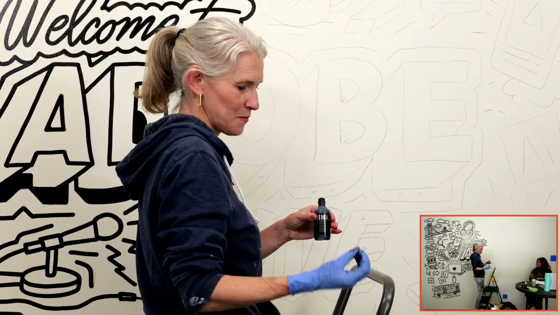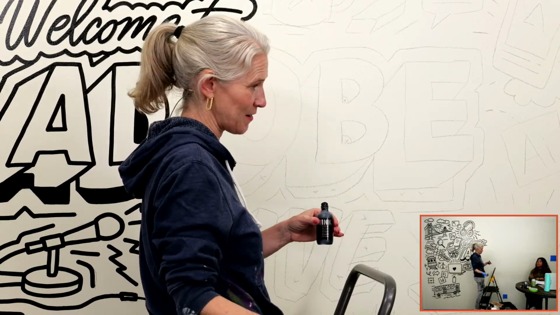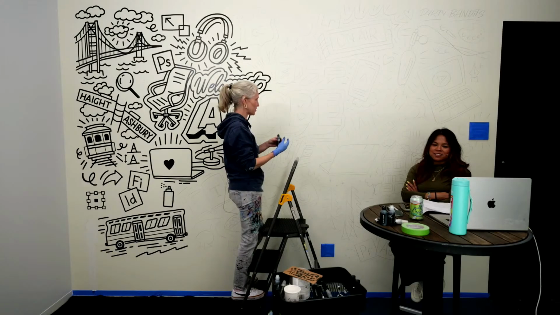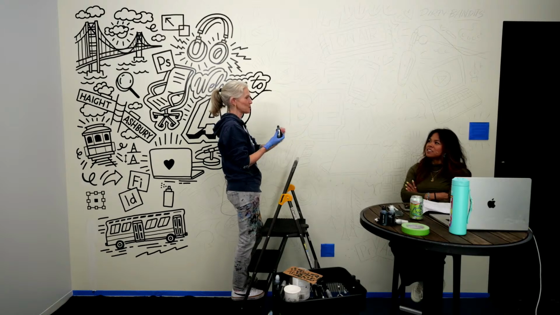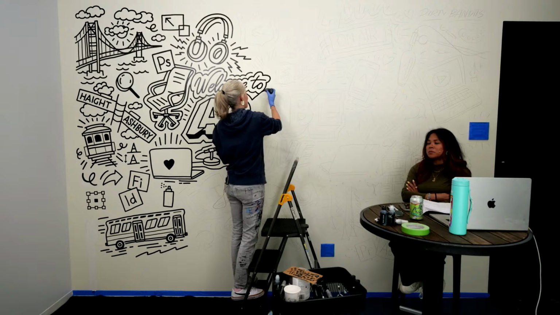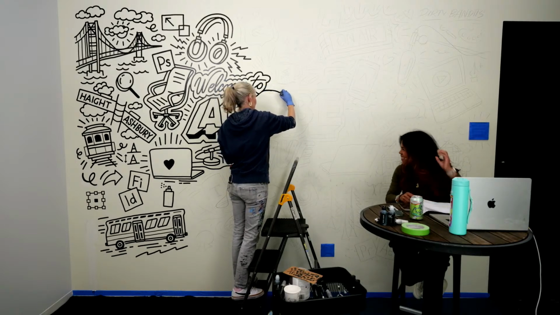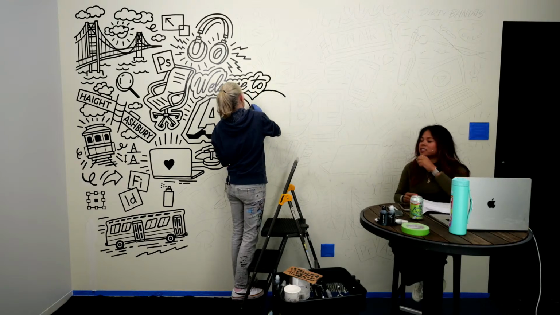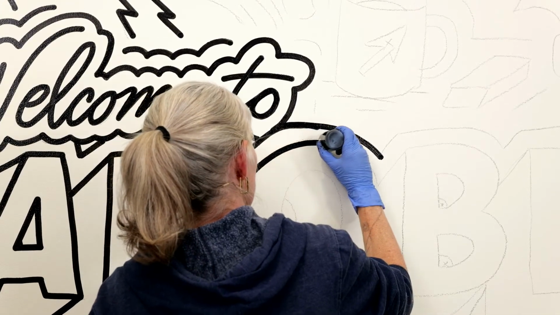But if you do that too much, there's a ton flowing out and then you're in trouble. You put it on the wall and it's dripping down the marker onto the wall. So you don't want to put too much pressure. Better to do too little than too much, and go back in and fix it later. Sometimes I go smush, smush, smush, and then boom, it all comes out. That is an unfortunate reality.